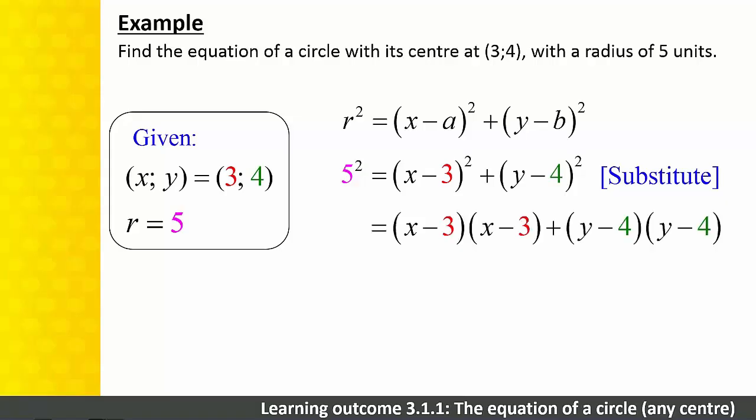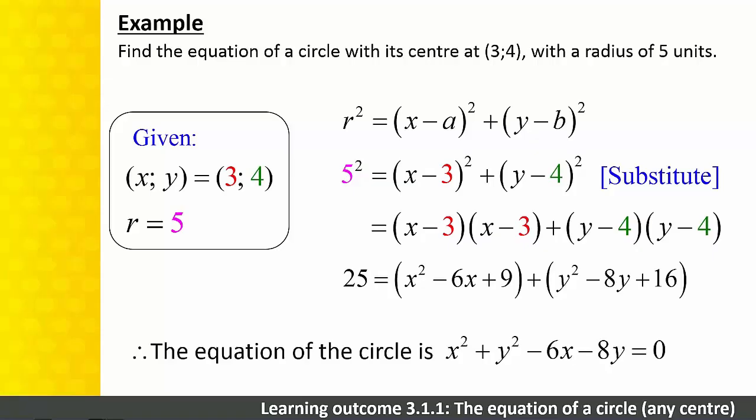We multiply out and we get 25 is equal to x squared minus 6x plus 9 plus y squared minus 8y plus 16. Simplifying, we find that the equation of our circle is x squared plus y squared minus 6x minus 8y is equal to 0.